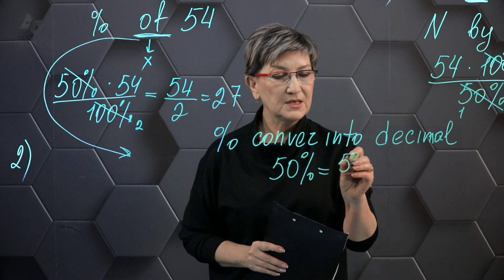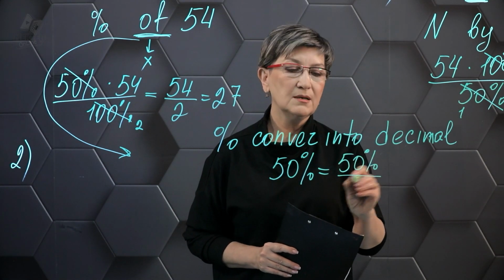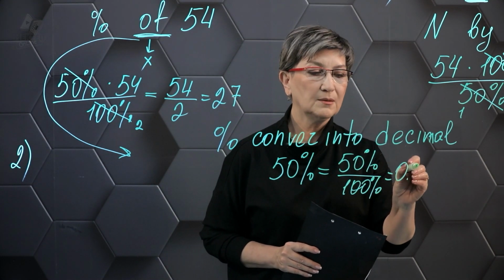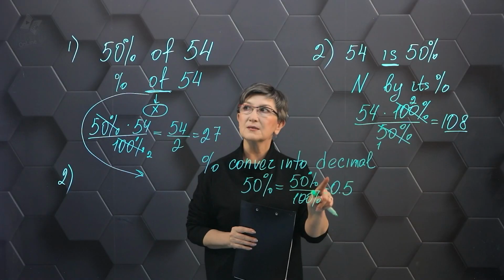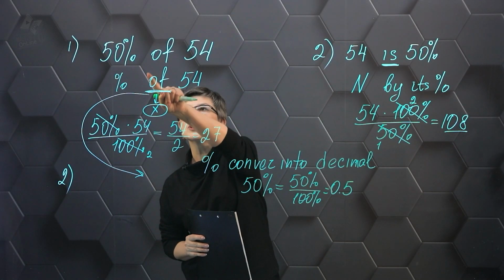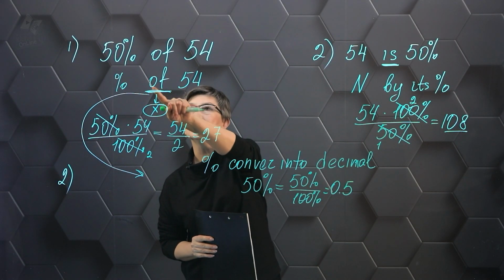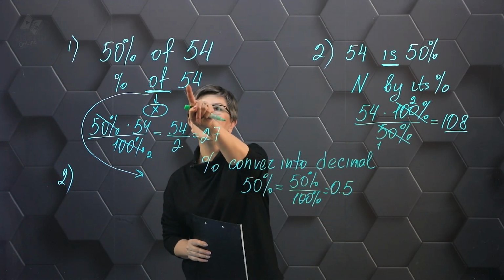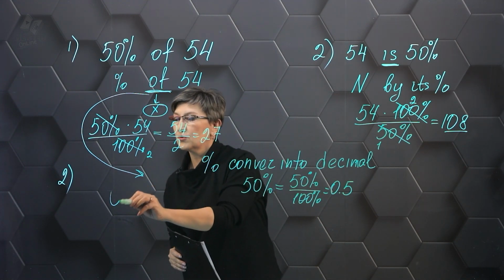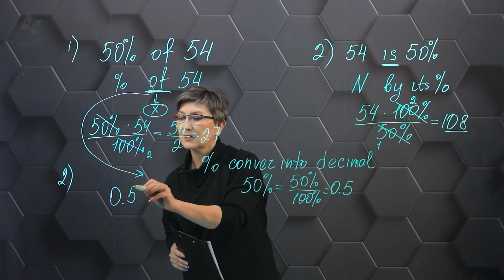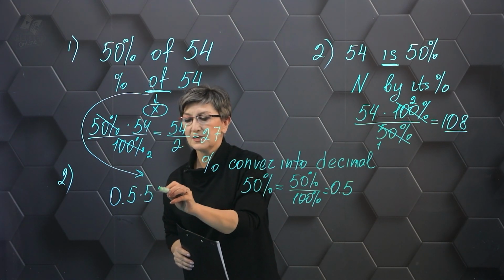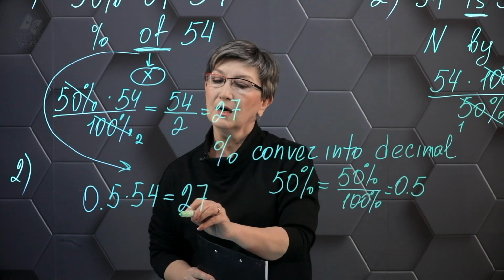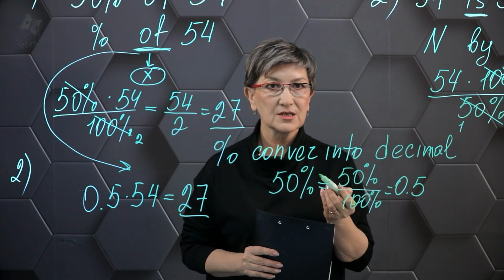To do that, we divide 50% by 100%, and we get 0.5. Now, if we want to find the percent of a number, we multiply the decimal fraction by our number. So 0.5, five tenths, we multiply by 54 and the result is 27. The answer is the same.